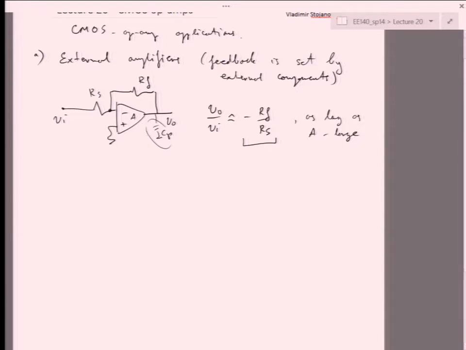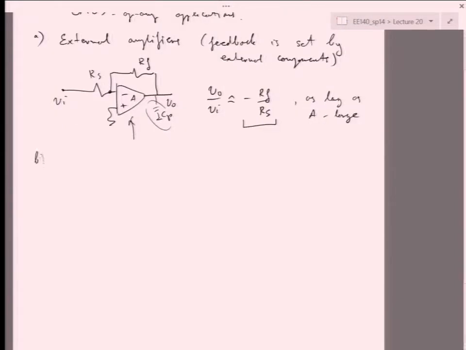You introduce these unintentional poles, speed matters, and slew rate gets compromised. We'll talk about all these things later in the context of CMOS op-amps, but here it's kind of unpredictable. So the challenge is to design this device to be robust to all these things.